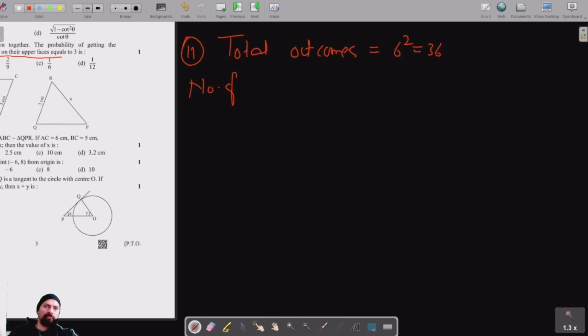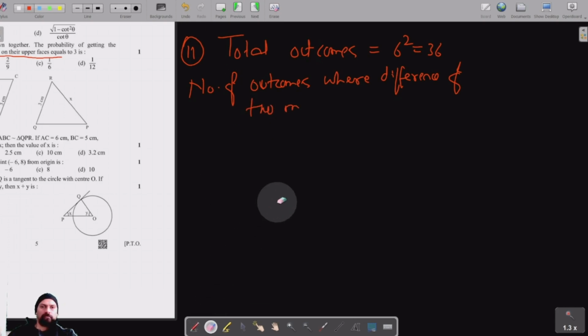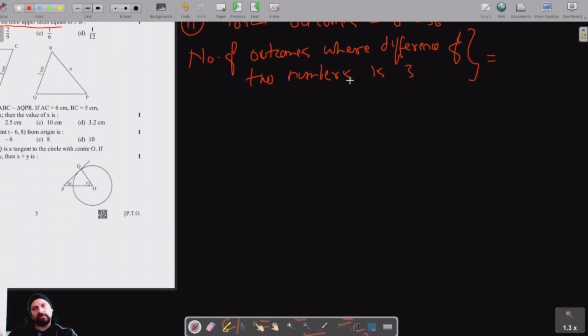So we need the number of outcomes where the difference of two numbers is 3. It's not mentioned whether it has to be the first face or the second face, so we just have to make sure the difference of the two numbers is 3.